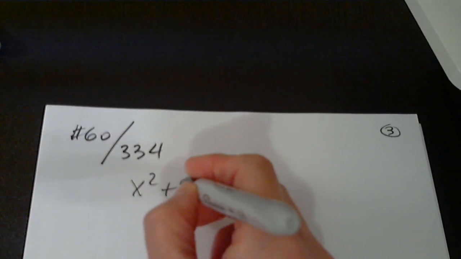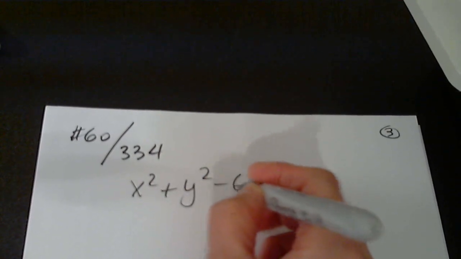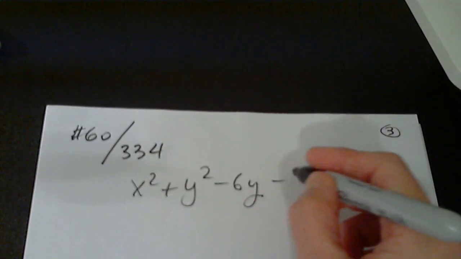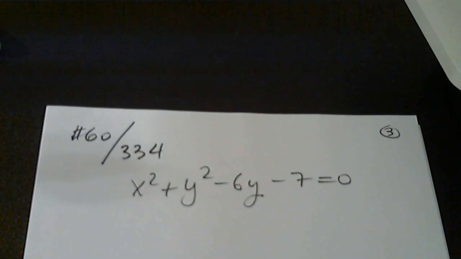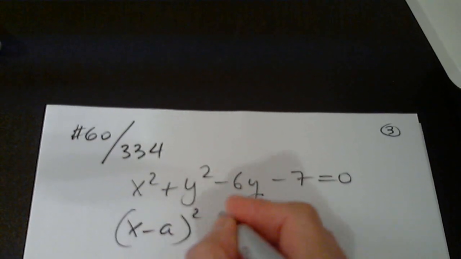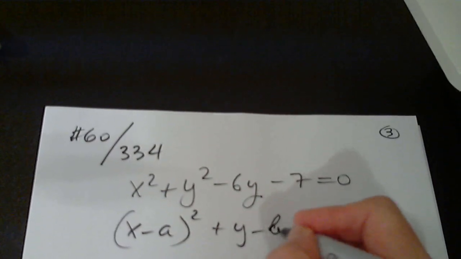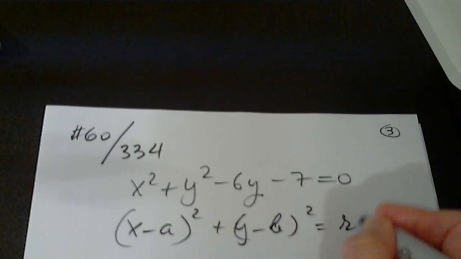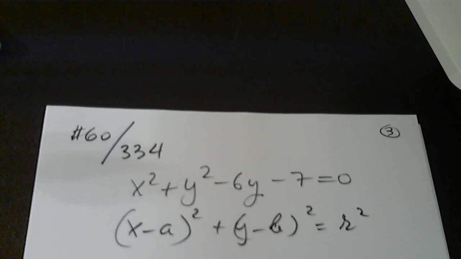X squared plus y squared minus 6y minus 7 equals 0. Is this a circle? No clue. If I manage to put it like this, yes, but if I can't, it's not. Okay.